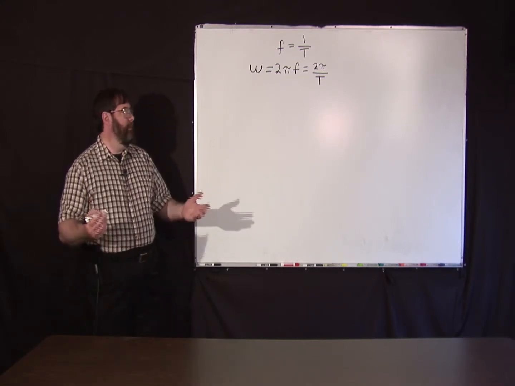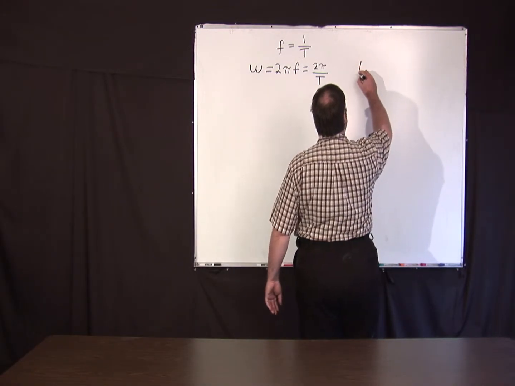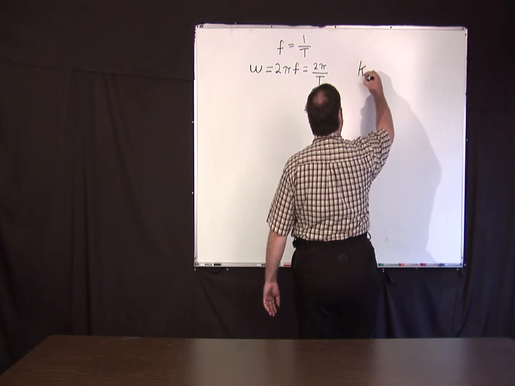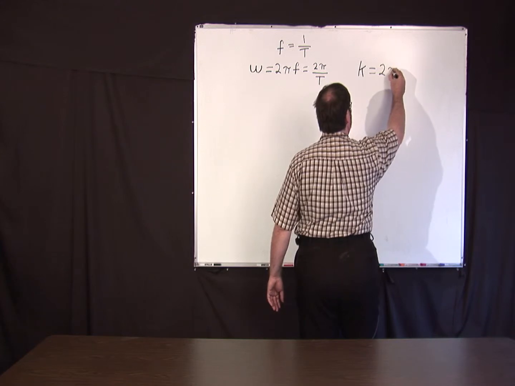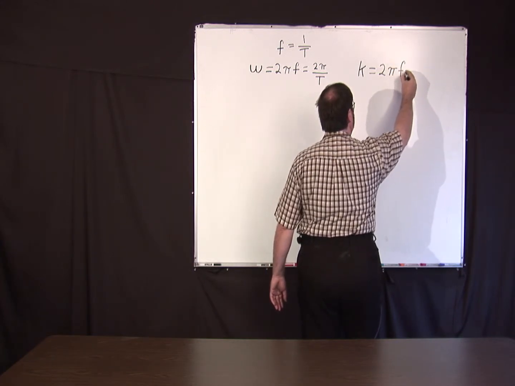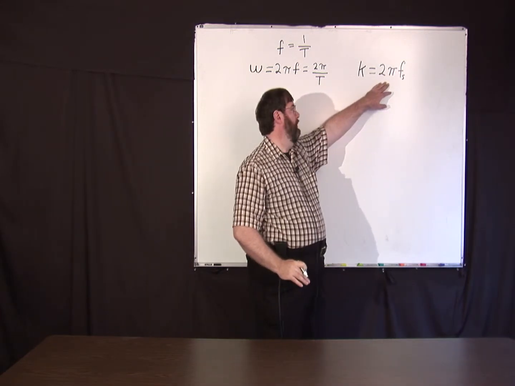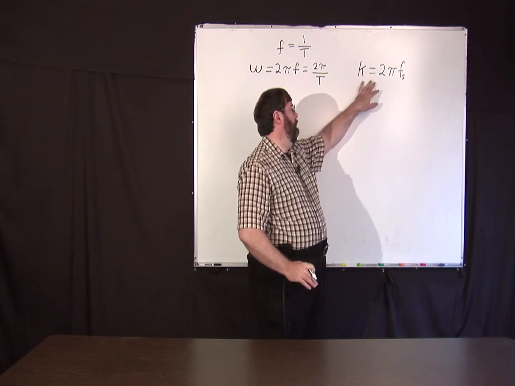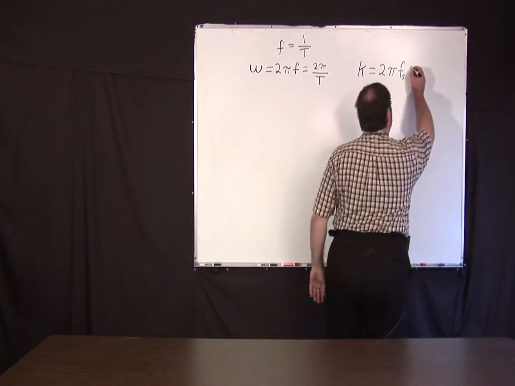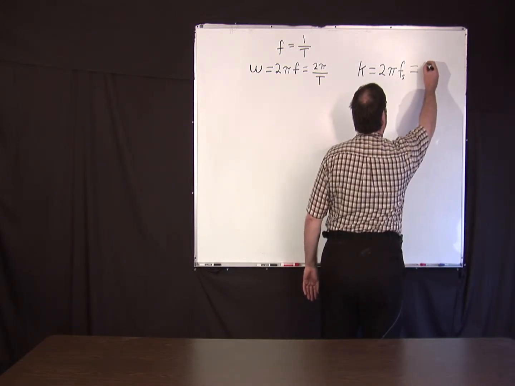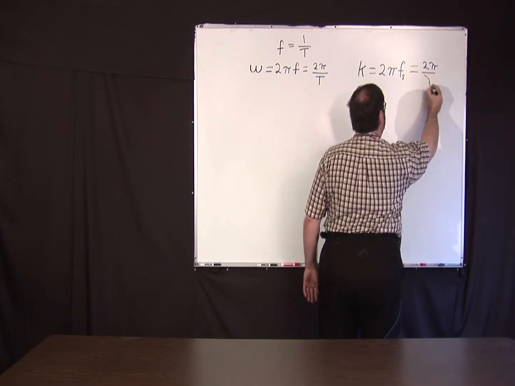You can also have something that's periodic in space. You can talk about k, which is the wave vector, which is 2 pi times the spatial frequency. Again, this is 2 pi radians per circle. So this is the number of radians per meter, which is equal to 2 pi over lambda.